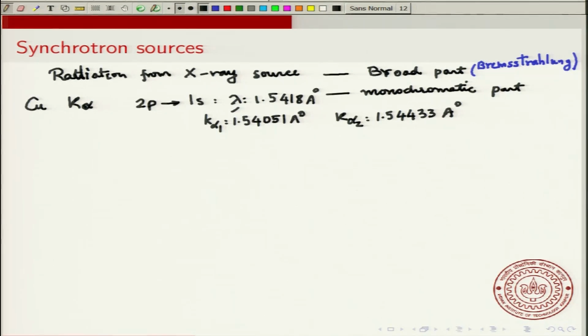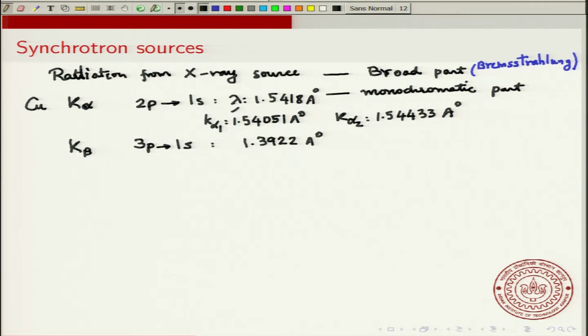Then there is a K beta of copper, which involves a 3p to 1s transition, and this has a wavelength of 1.3922. So, this is much higher energy.